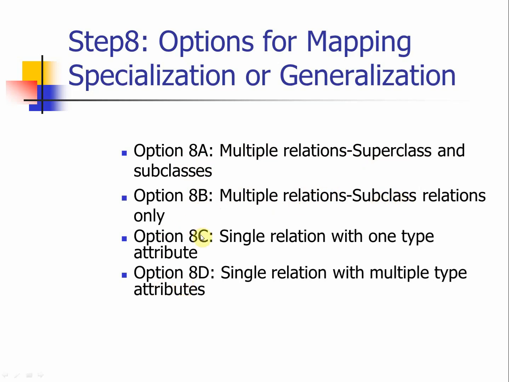Choice C and choice D have one thing in common. They are single relation, which means one relation handles all superclass and subclasses with some variations. So let's take a look at the first 2 choices, and then we will move on to the other 2.